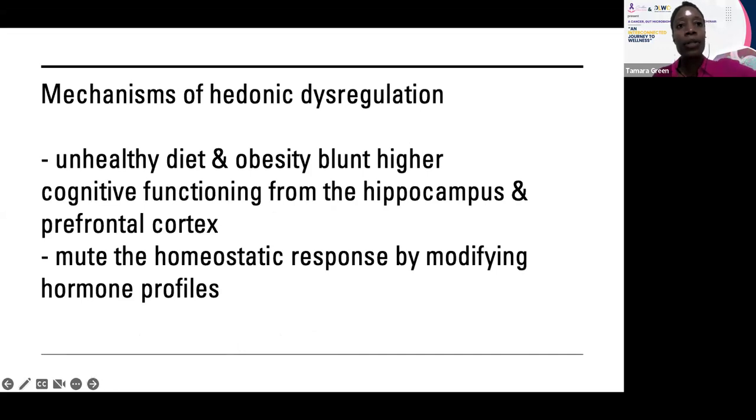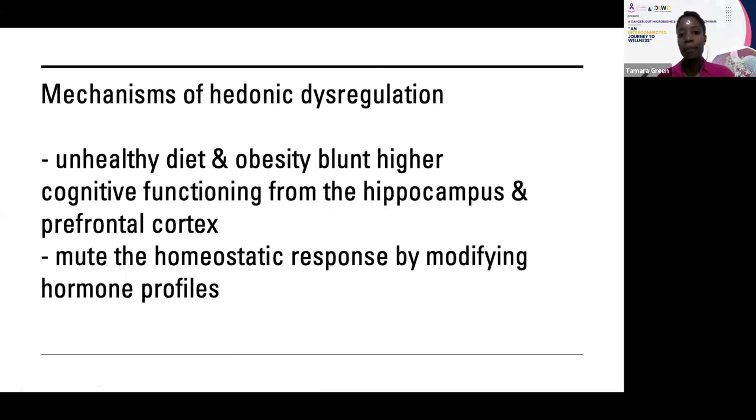Now, I'm coming to a close as I look at the mechanisms of hedonic dysregulation, or unhealthy diets, or overconsumption of ultra-processed foods, or overconsumption of highly processed foods like our sodas or snacks, as well as obesity.